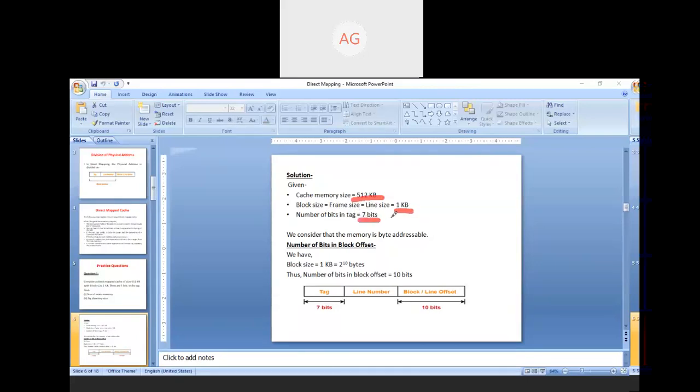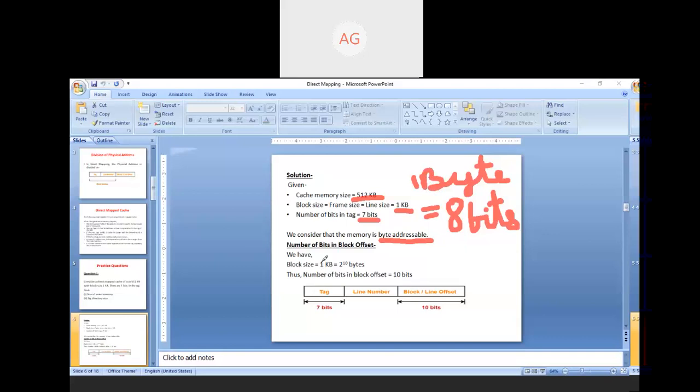So these are the things which are given to us, and here we are considering the memory as byte addressable. All of you know that one byte is equal to 8 bits. So here we are considering the memory as byte addressable.